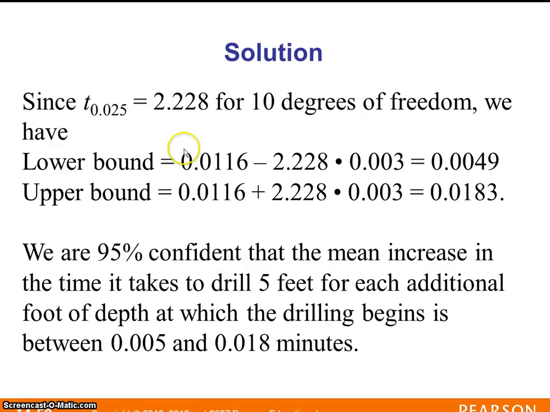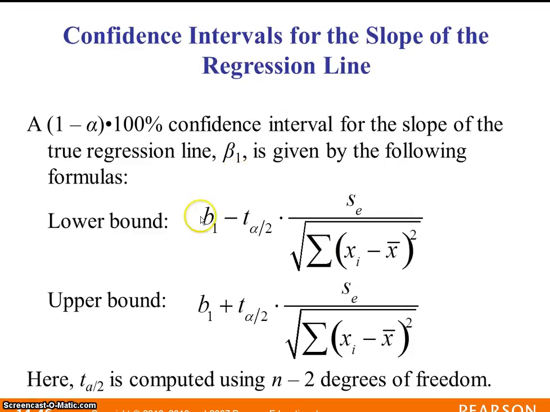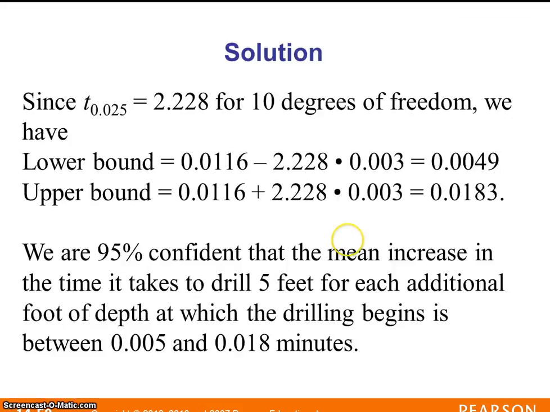So we take B sub 1, and then add and subtract the value from the table, T alpha over 2, times the number inside the square root.